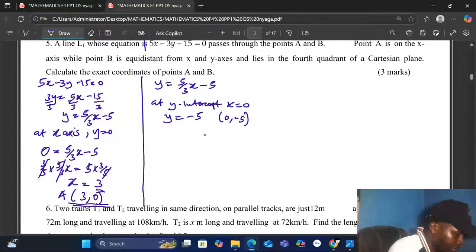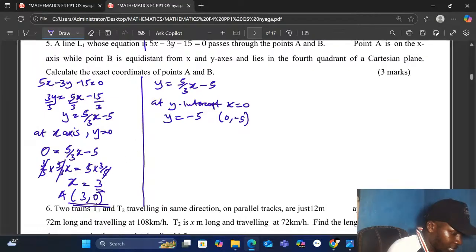Then you have 3, 0. Now, they're saying that point B is equidistant from x and y axis. Therefore, this is x and y.